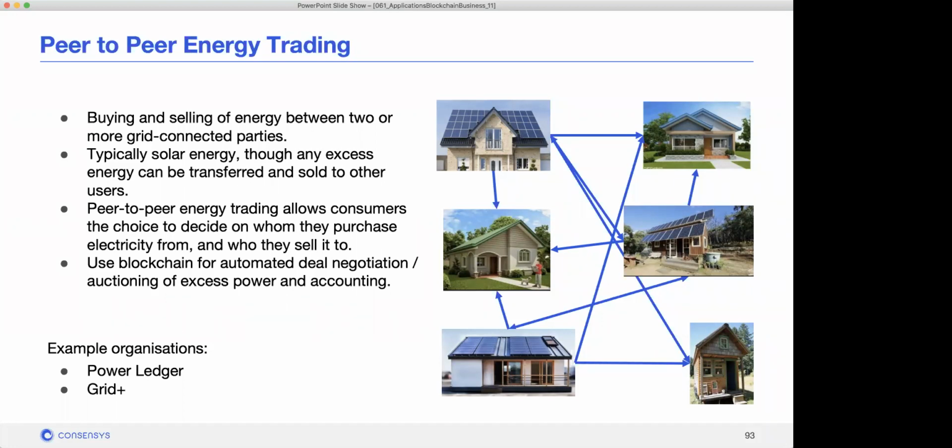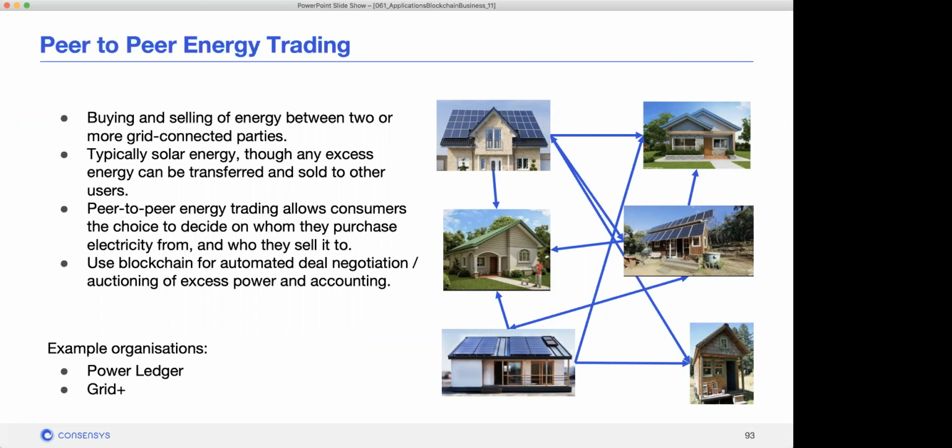And so I know that in Western Australia, they're currently looking to trial a virtual power generator just using solar power from people's roofs. So rather than having to have another power generator, they're thinking about using that.